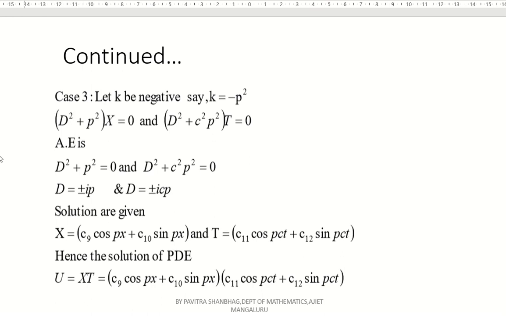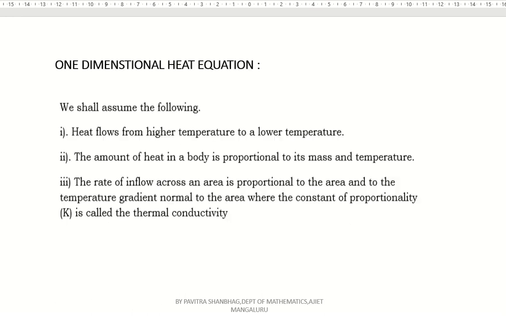Now let us move to another derivation, that is the one dimensional heat equation. To prove the one dimensional heat equation, we have to assume the following concepts. First, we have to remember the following empirical laws. Heat flows from higher temperature to lower temperature.